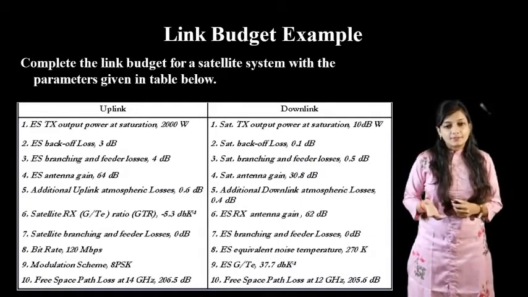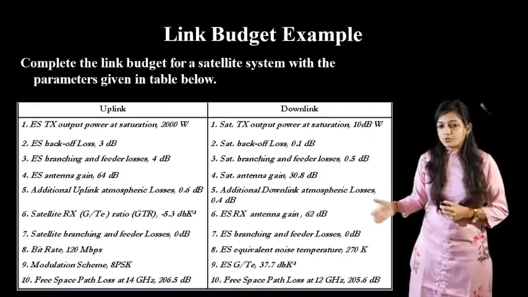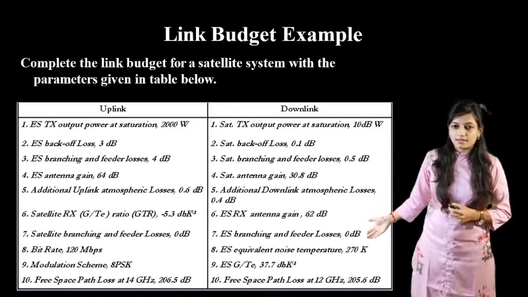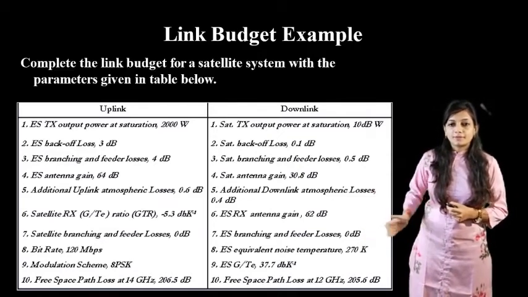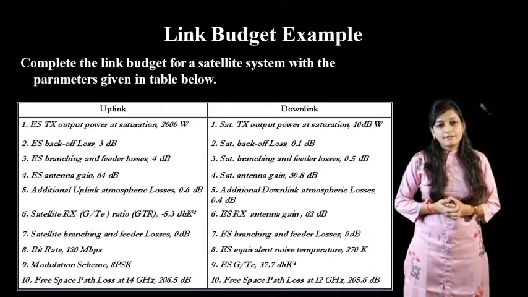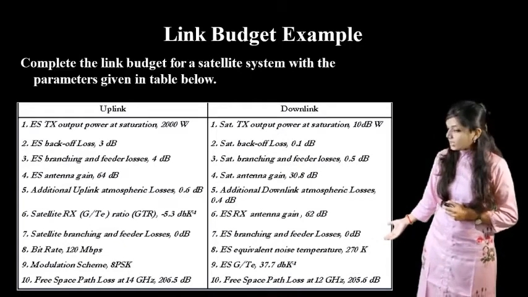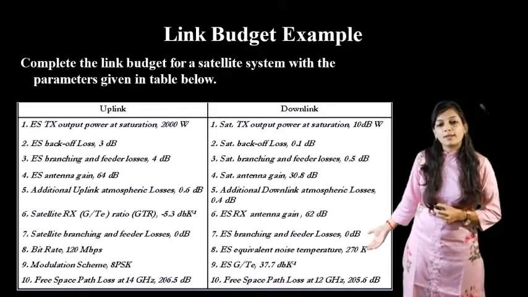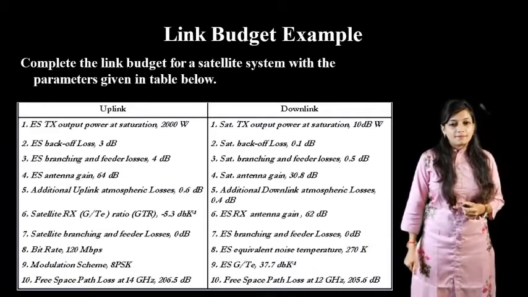Then what is the bit rate? For uplink, it's 120 Mbps. And the modulation that we are going to use is 8 PSK, phase shift keying, right? And the free space path loss at 14 gigahertz, that is (4πR/λ)², is 206.5 dB.